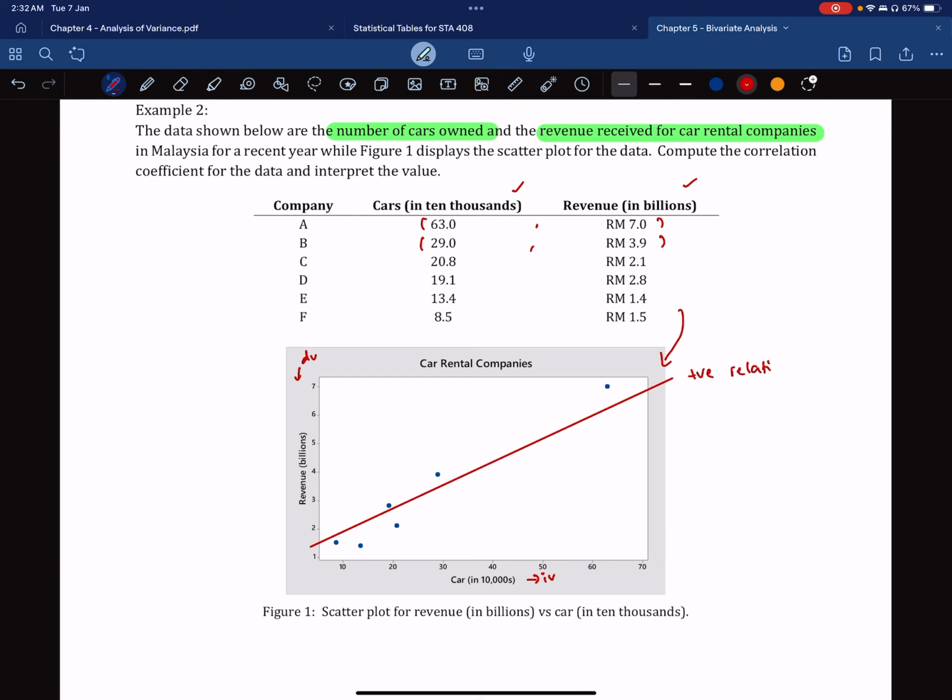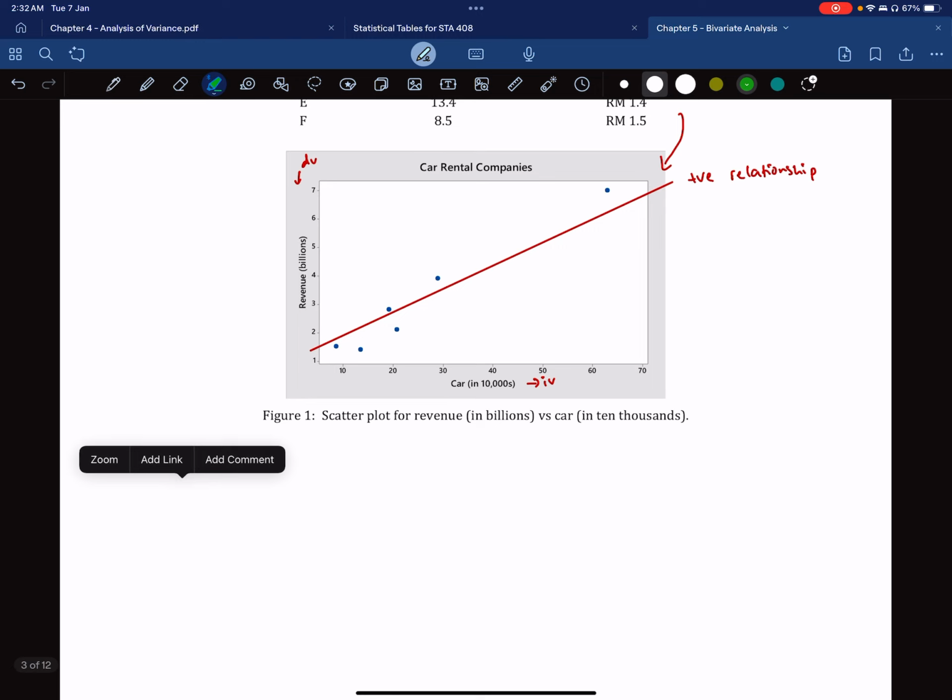But to do further analysis, we have to calculate the correlation coefficient. So how do we do that? For the correlation coefficient, R, we have the formula.